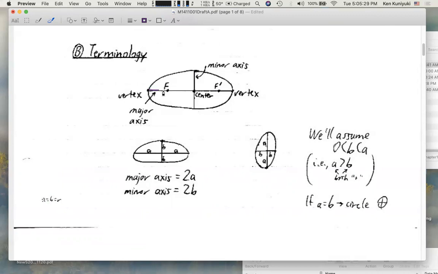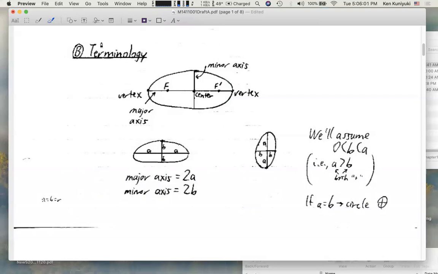In a way, you can think of the major axis as the longest diameter in an ellipse, and the minor axis is the shortest diameter in an ellipse of all line segments or chords that go through the center. So you don't count things like that. Okay, so you can think of the major axis as like the longest diameter, the minor axis as like the shortest diameter, in a way. And they both have to go through the center. They intersect at the center.